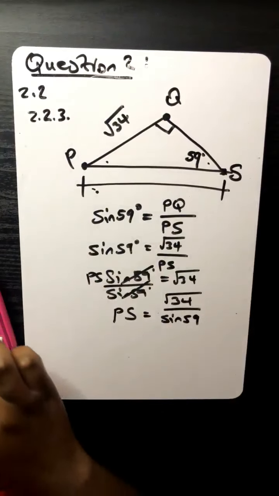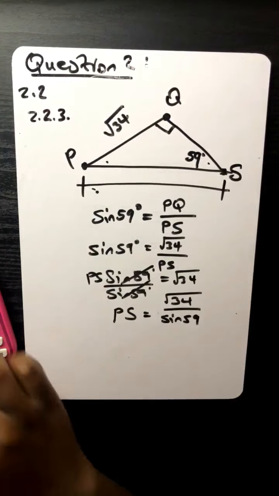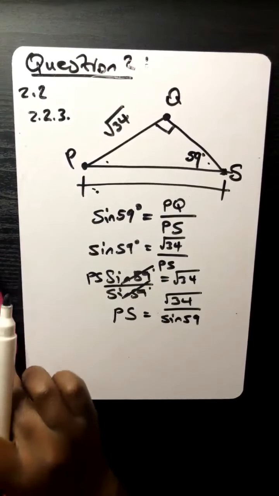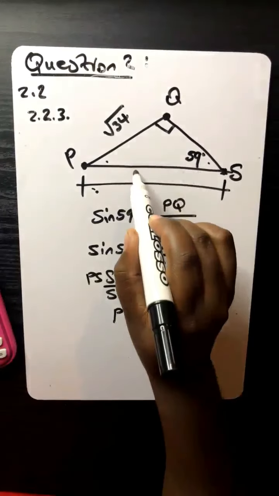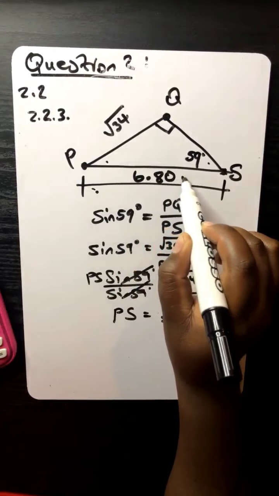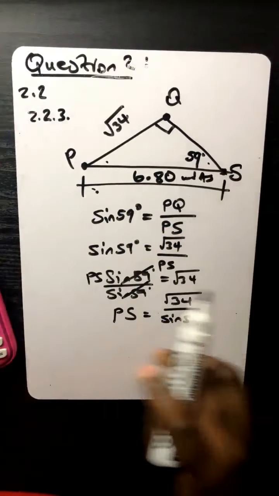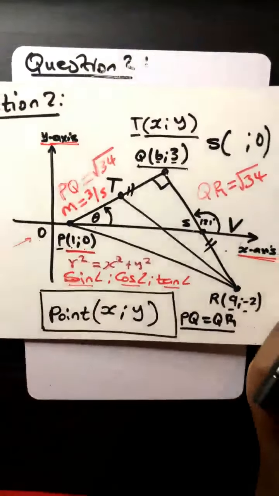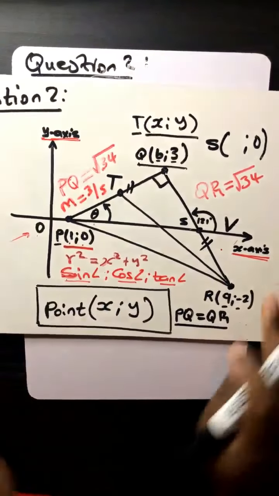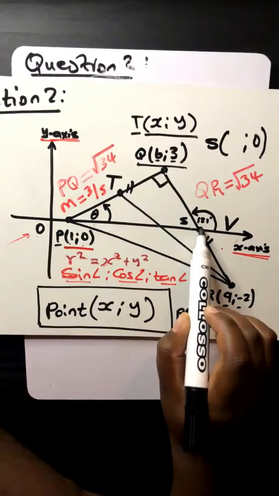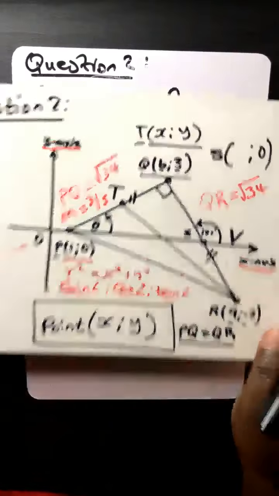Not that this is the answer, but I'm going to explain what the answer is. So the square root of 34 over sine 59, I'm getting 6.80 units. So that means, guys, the length from P to S is equal to 6.80.